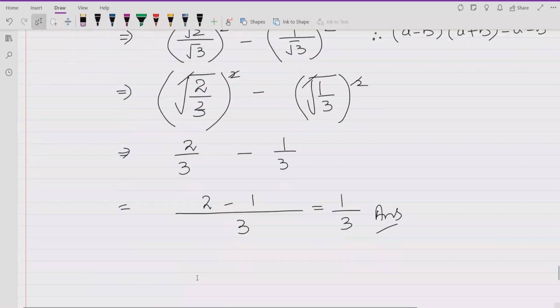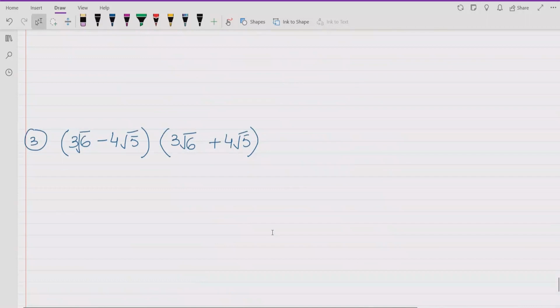Now we have another question, which is this one. We will simplify this using the above method. Now it is a minus b and a plus b, right?